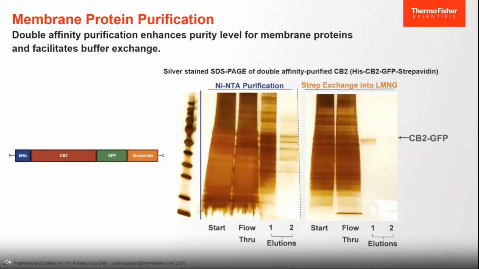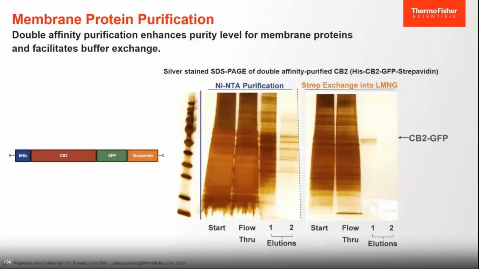Double affinity purification can enhance purity levels for membrane proteins. It can also facilitate buffer exchange. So in this case, we did a buffer exchange from our HEPES-based extraction reagent with a larger CMC detergent into LMNG, which is a detergent with a smaller CMC that's more amenable for cryo-EM upon the second purification.